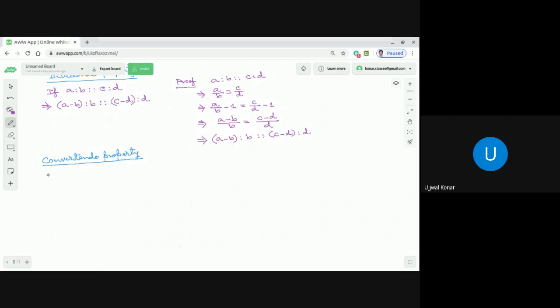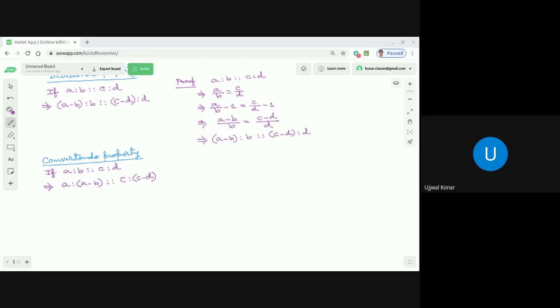It says that if A is to B is equal to C is to D, this implies A is to A minus B is equal to C is to C minus D.